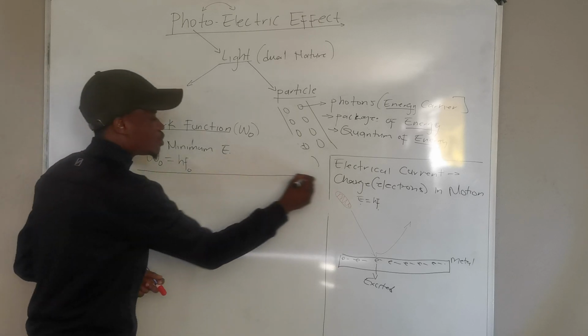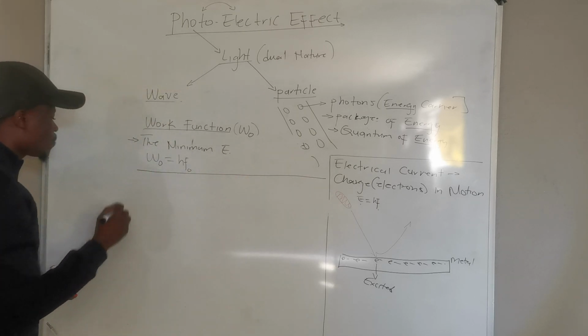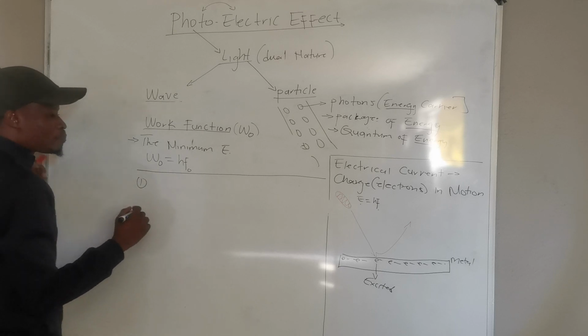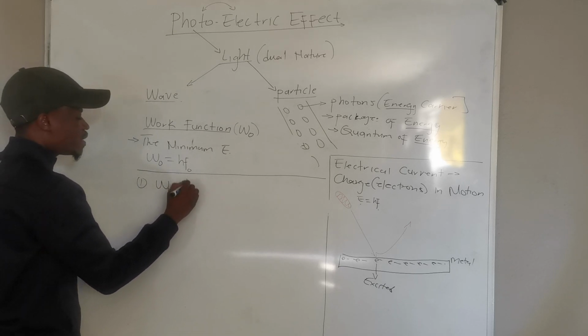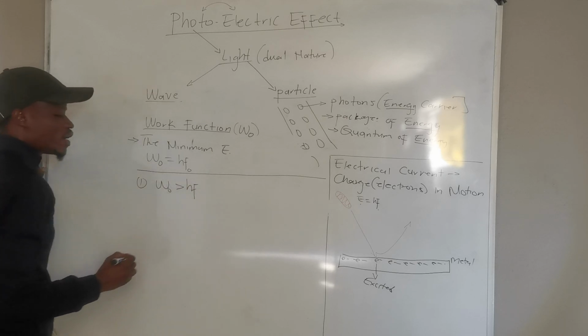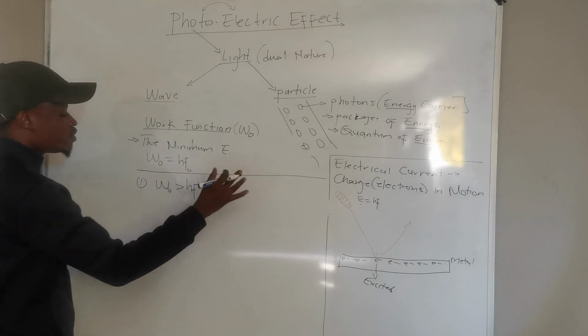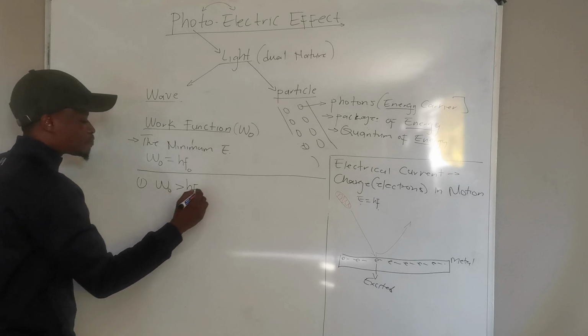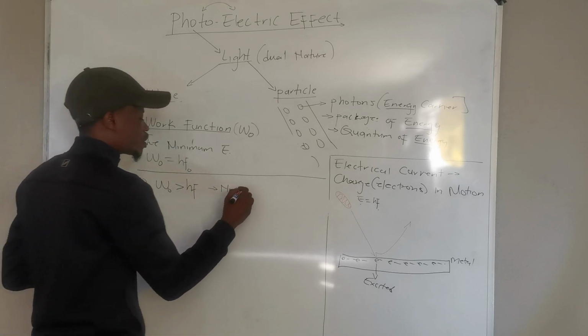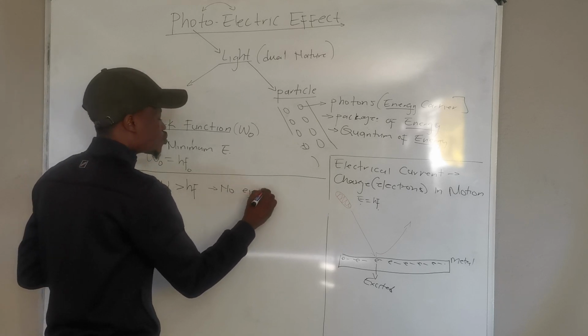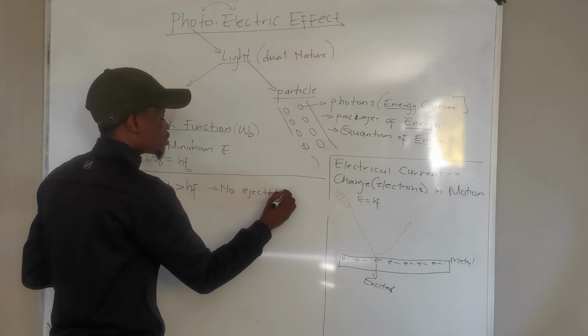So, let me put some conditions here for you. Condition number 1: if my work function is greater than the energy of the photon, meaning that in this case there will be no ejection, the electrons will not be ejected.